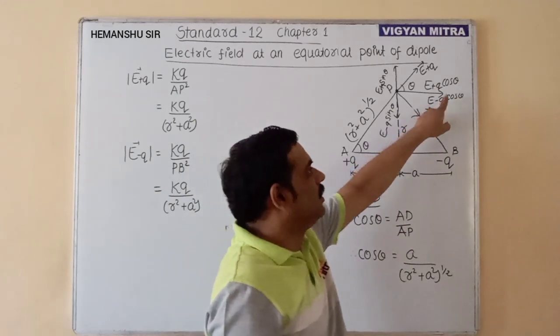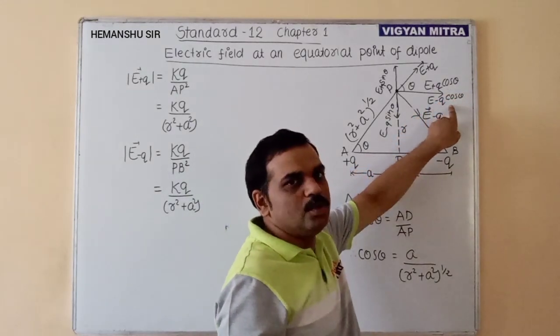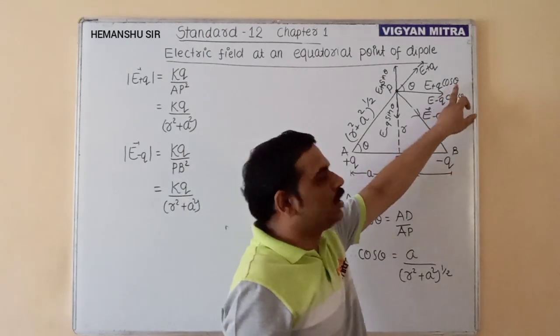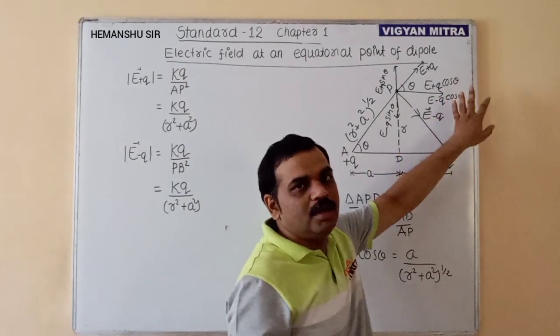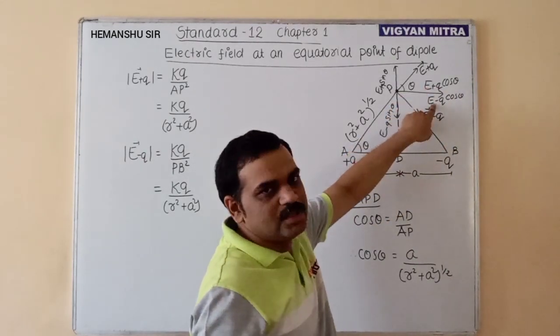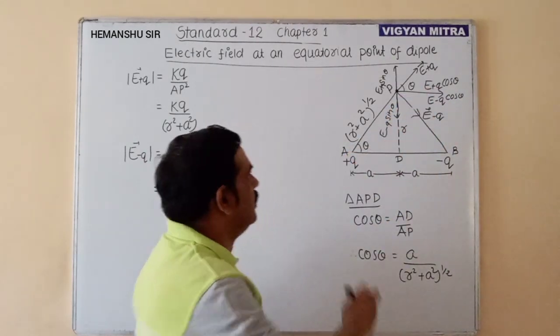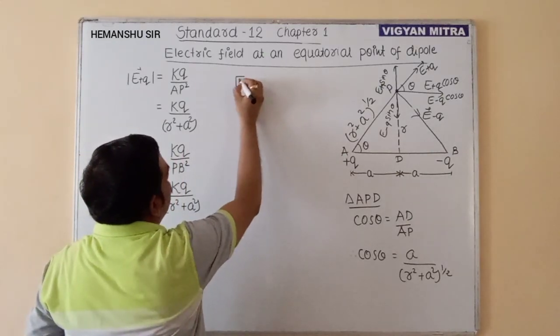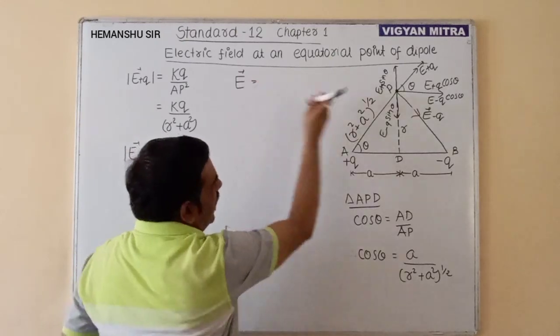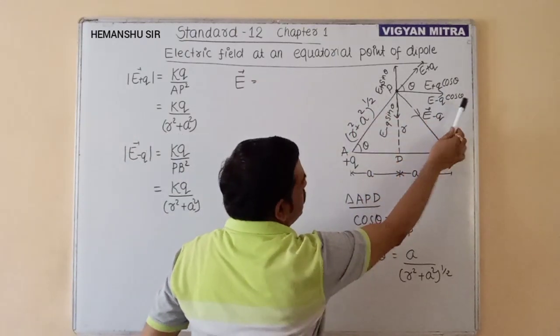You can see here E plus Q cos theta and E minus Q cos theta are in the same direction. That means the total electric field is due to these two components. Now say E plus Q and E minus Q as EQ, as both are the same. So the total electric field at point P is given by EQ cos theta plus EQ cos theta.